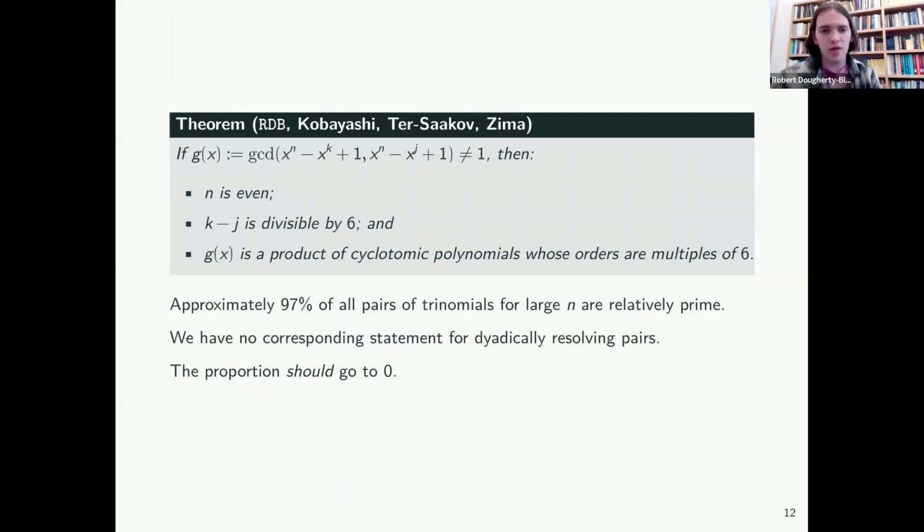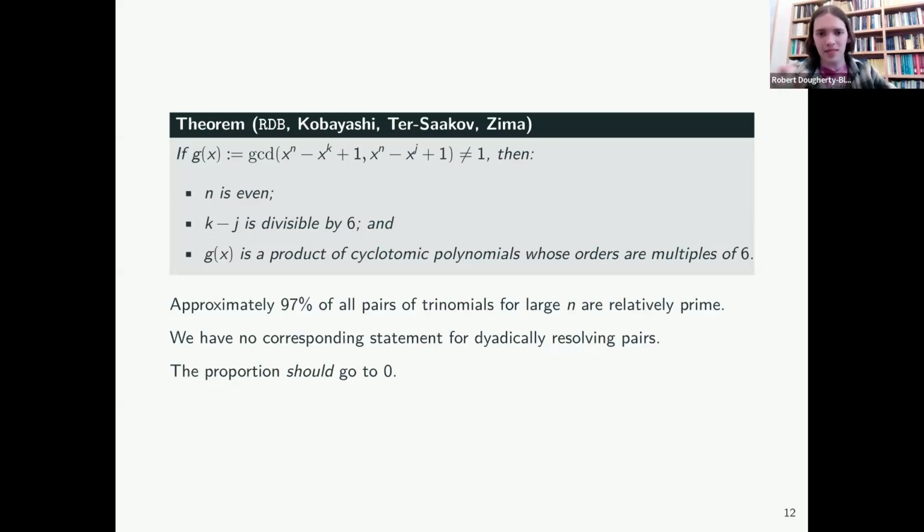The degree of the trinomials has to be even. So if n is odd, they're all relatively prime, in fact. The difference in their middle exponents has to be divisible by 6. And then, in fact, their GCD is the product of certain cyclotomic polynomials, in particular those whose orders are a multiple of 6.